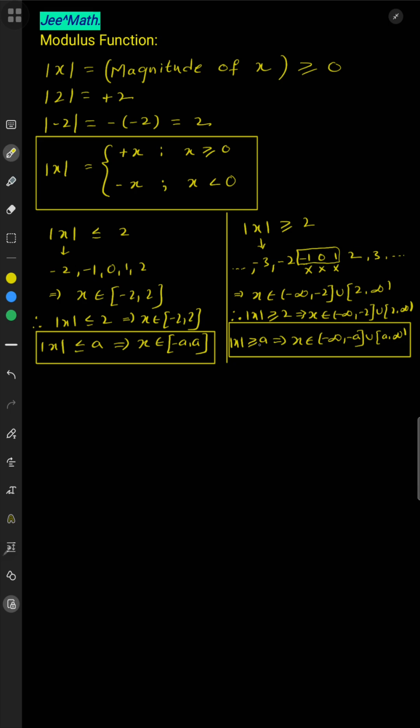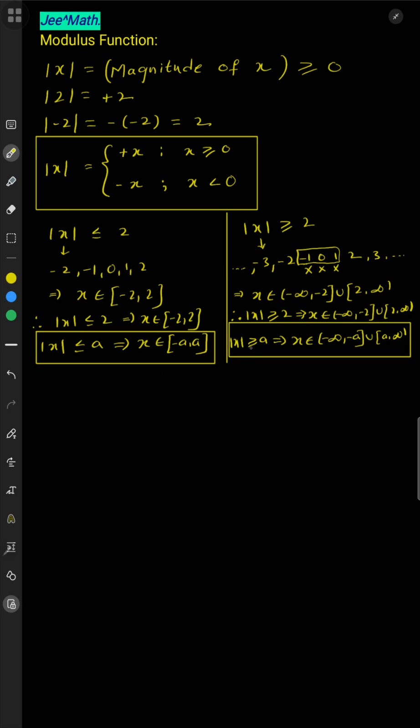So here and here we are having the equal to symbol, less than or equal. When you have the equal to symbol, sharp brackets will come. Means these values also can be included as values of x. Suppose equal to is not there, then x can't be taken as equal to a. In such cases you need to give open brackets like this.